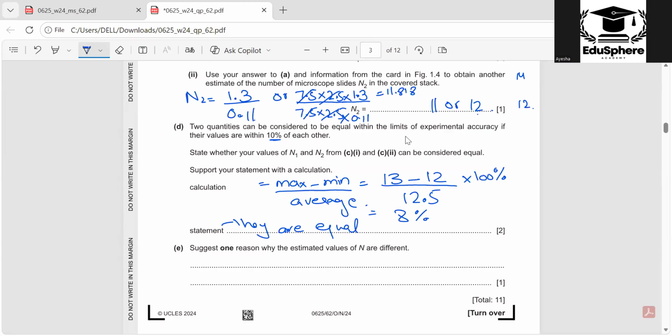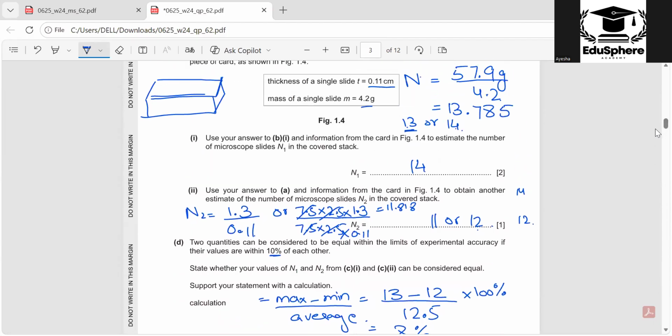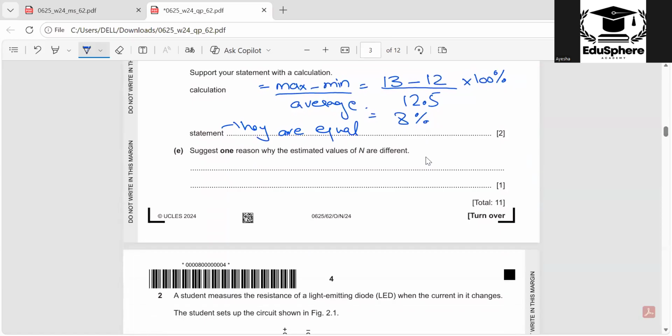Now let's see if the percentage is different, so we can suggest that the values are different. As we've already calculated, the value could be 14 or could be 11. If we want to make them different, we will take 14 and 11. The same methodology applies: the limits of accuracy is again maximum minus minimum by average.